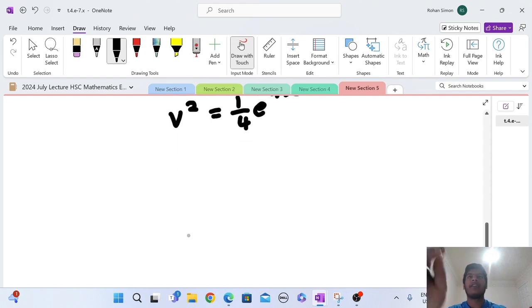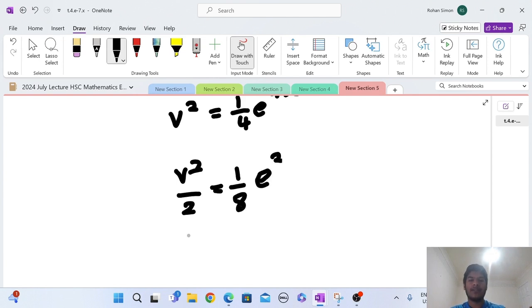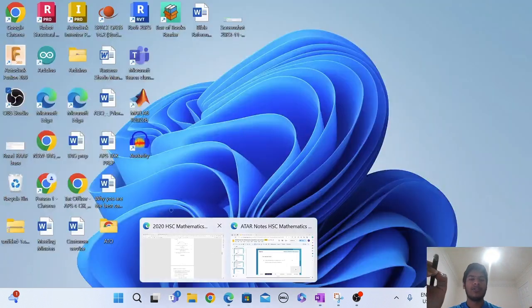Now remember, our acceleration form was d by dx of v squared on 2, so we want to try and force it into that form. So we get v squared on 2 equals 1/8 e to the power of 4x. And then we can take the position derivative.